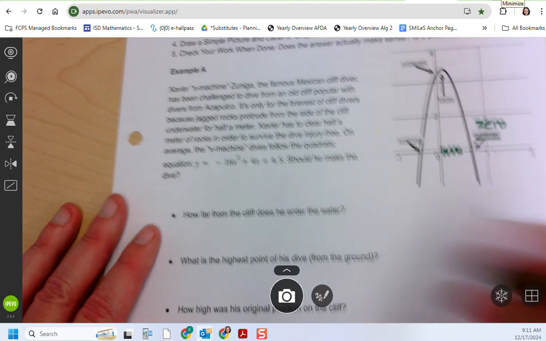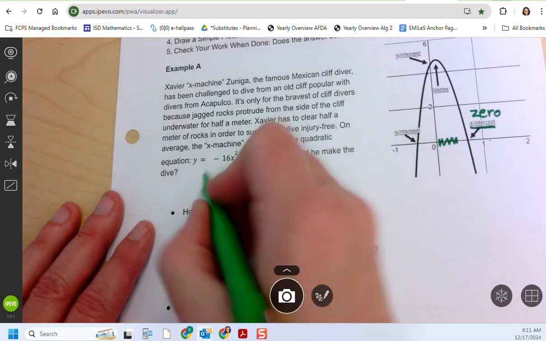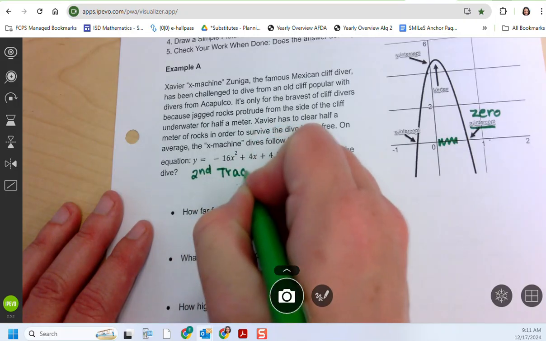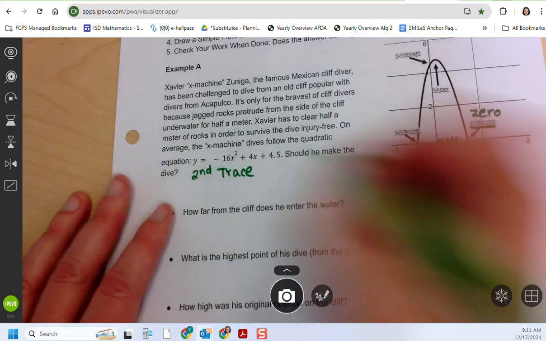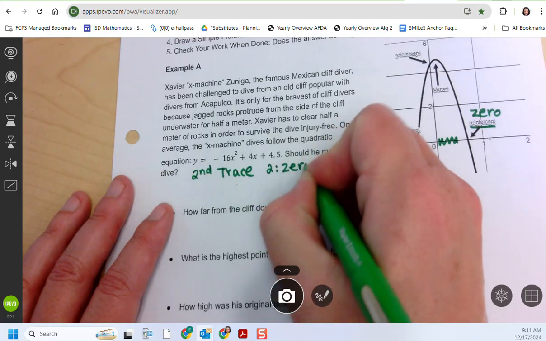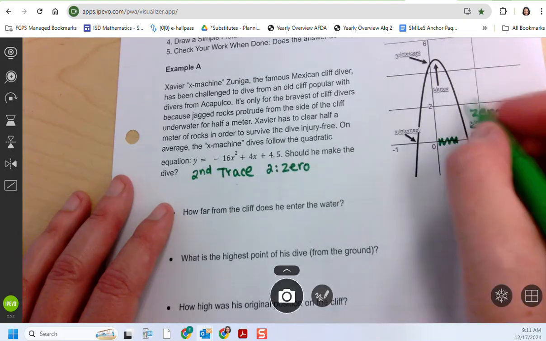So the steps, once you have it graphed, you're going to press second trace. And this time we want to find the zero. And the zero is choice 2. It's going to ask you to move your cursor to a point to the left.